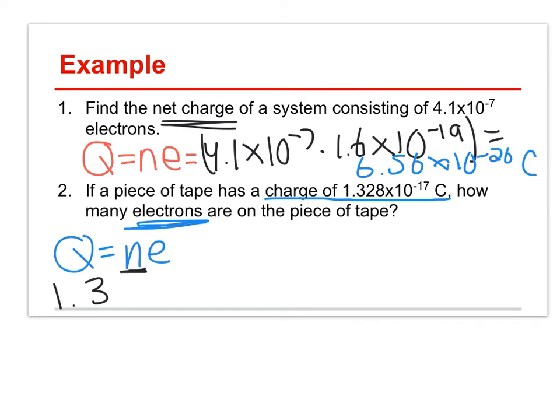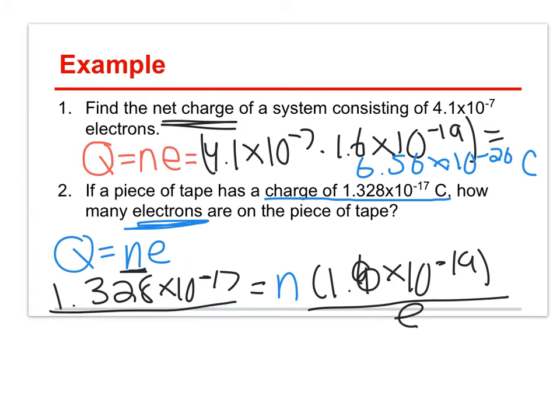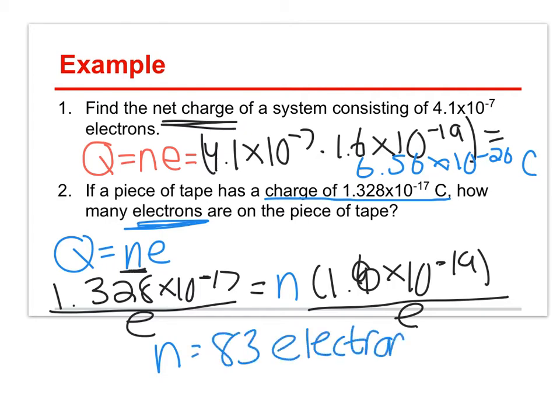So I have my charge, times 10 to the negative 17th, equals, I'm solving for my number, times my charge, times 10 to the negative 19th. If I divide by my charge on both sides, remember this is equal to e, I'm going to get 83 electrons. It's important to really read your word problems and know exactly what you're looking for, because a lot of our units are going to be the same.